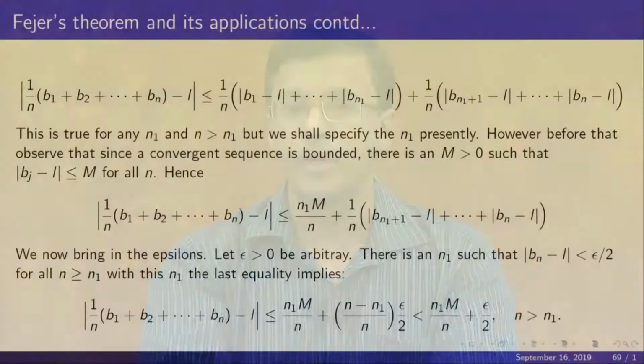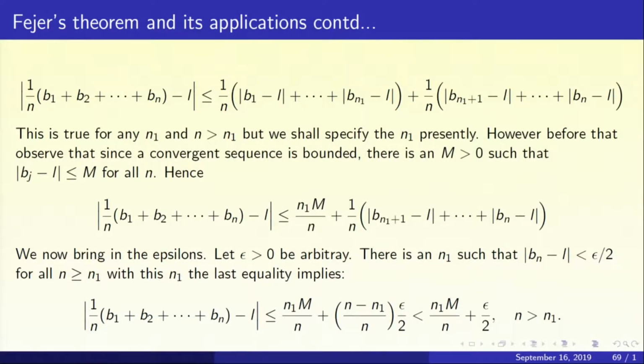Hence, look at the first piece, 1 upon n times (mod b1 minus L plus etc. plus mod b_n1 minus L). Together all these things are less than n1 M upon n. The terms b1 minus L, b2 minus L, in absolute value, are all less than or equal to M. So you get n1 M upon n.